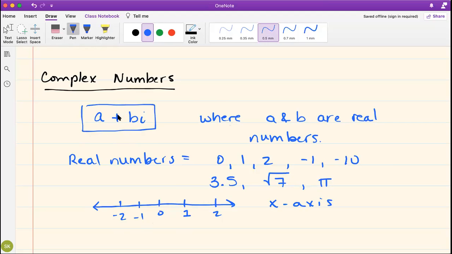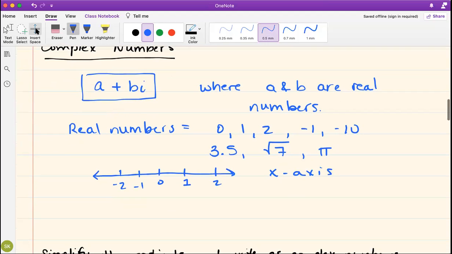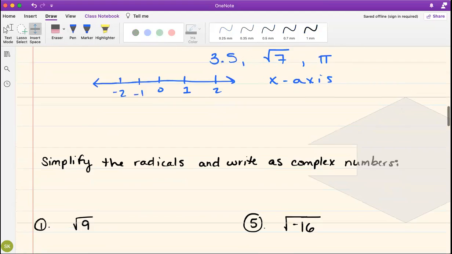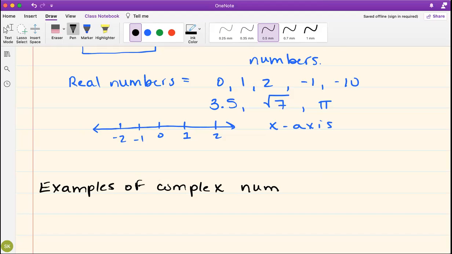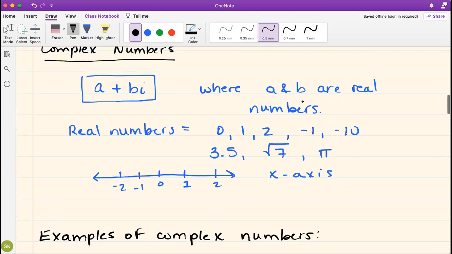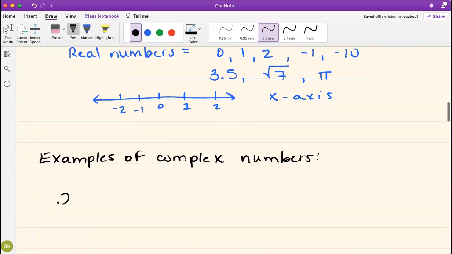So first I want to show you some complex numbers, just to give you an idea of what we're looking at here. So some examples of complex numbers. Now remember, they have to take this form a plus bi, where a and b are real numbers. So we could have something like 2 plus 5i.